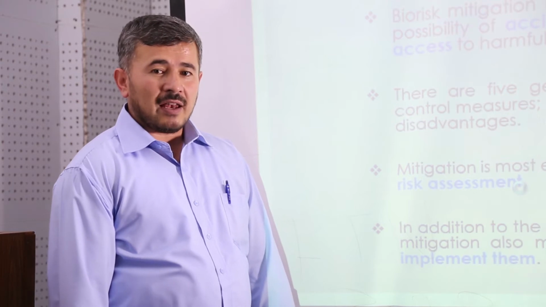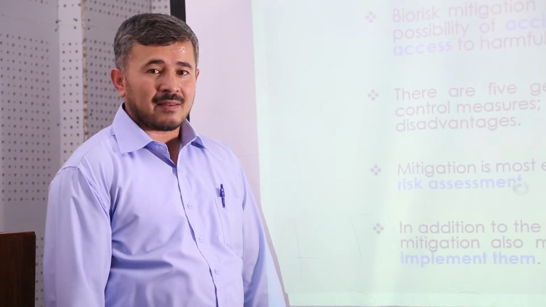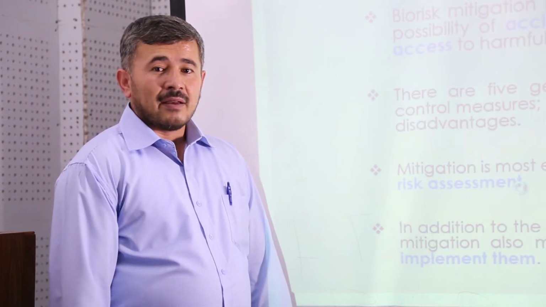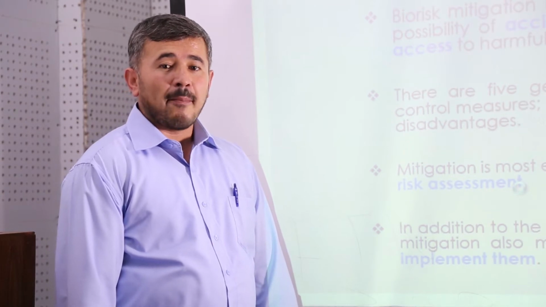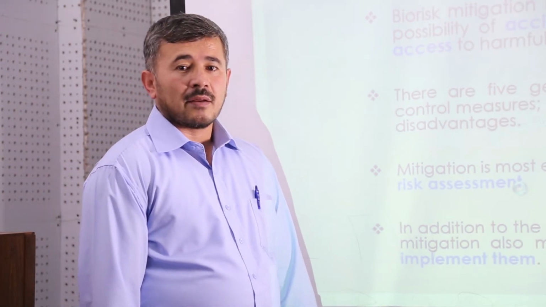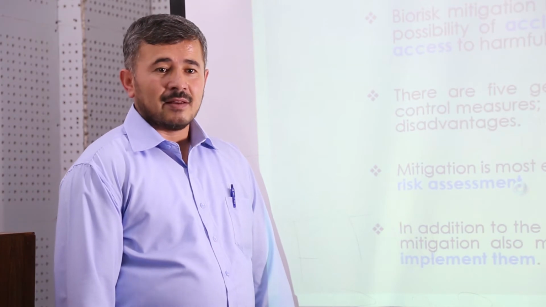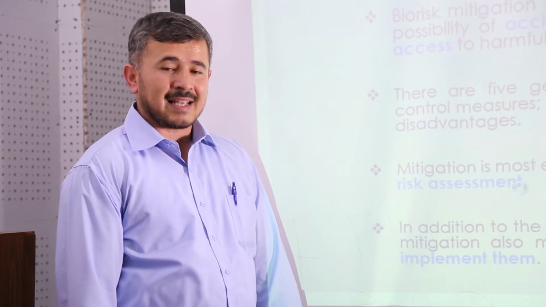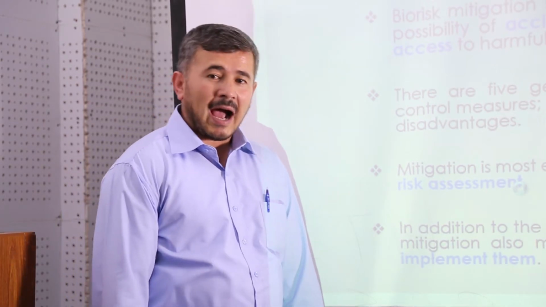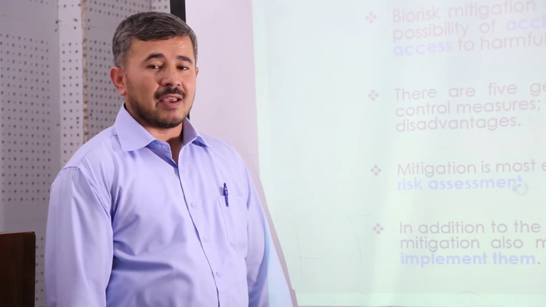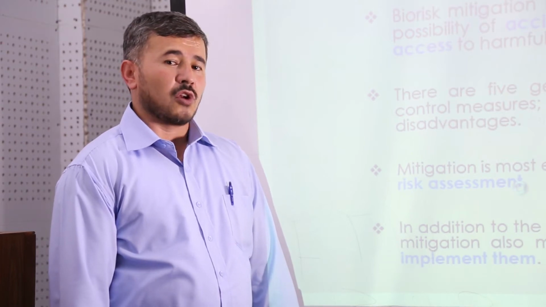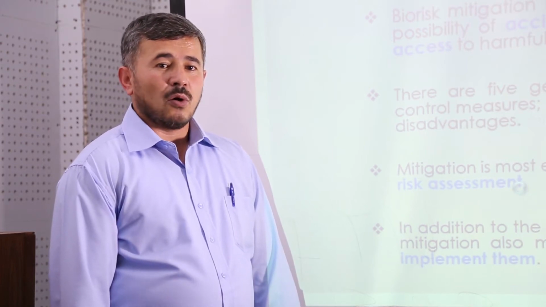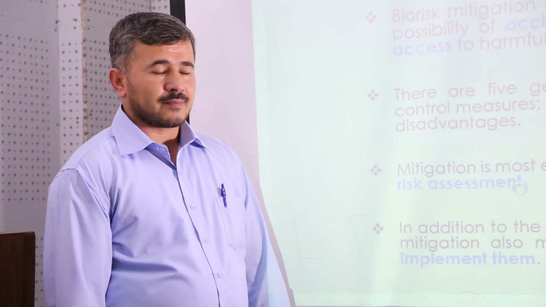So first of all, we have to do the risk assessment to identify the most important biohazards and threats. Then, based on the biorisk assessment, we can apply the mitigation strategies to control or reduce the level of risk to an acceptable level.